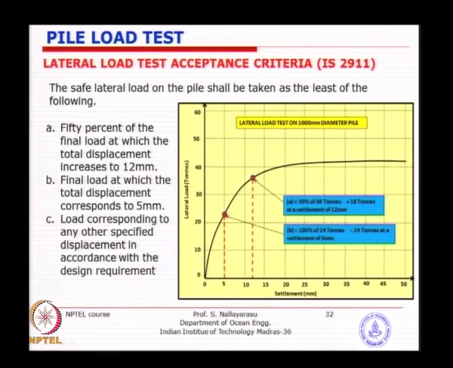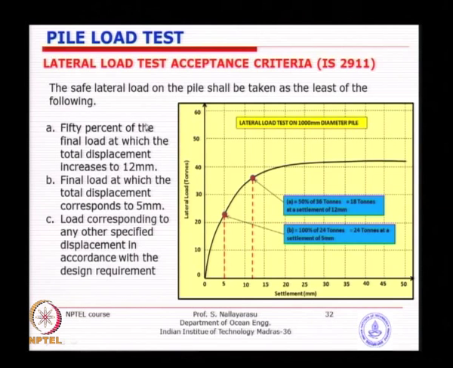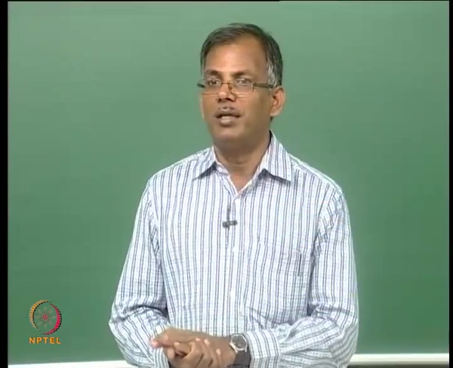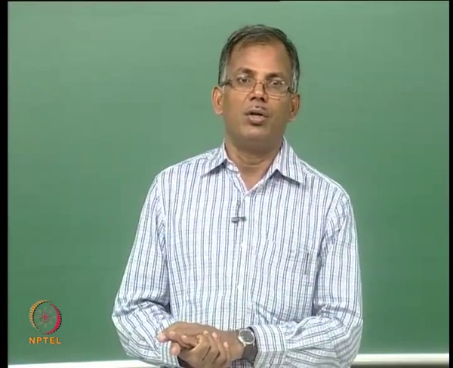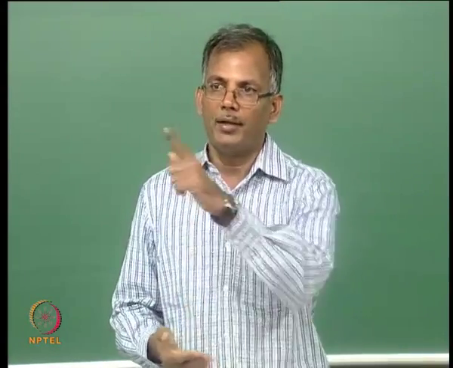I think even for the lateral load, similar criteria are given. 50% of the final load at which the total displacement increases to 12 mm, final load at which the total displacement corresponds to 5 mm, and then any load corresponding to any specified displacement. So, at least some option is given for horizontal load. According to your project specific requirement, you specify, I can go up to 50 mm, then I can look at that.